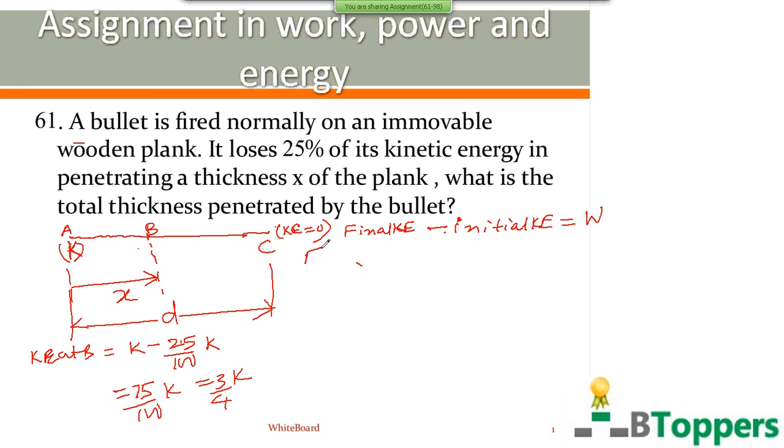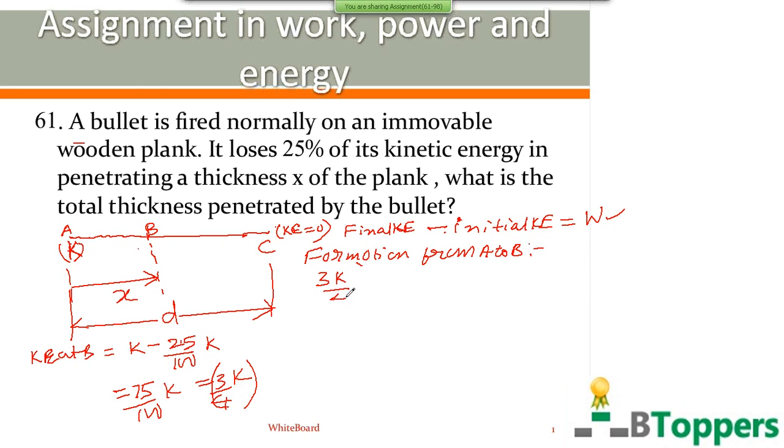So for motion from A to B, A is the initial position, B is the final position. So initial kinetic energy at A, you can take K. Final kinetic energy at B is equal to 3K/4. I'm using this equation here.